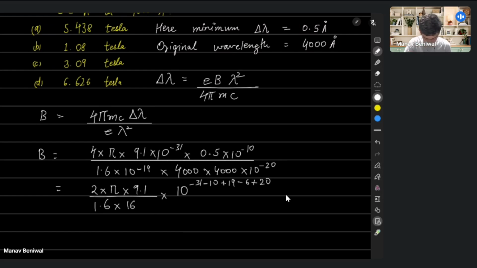Okay, so again we can cancel out this 2 and this will become 8. So this just becomes 9.1 pi divided by 8 times 1.6, which is 12.8, and then minus 31 minus 41, right?